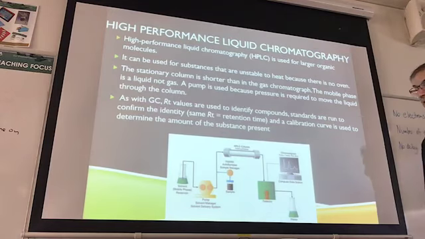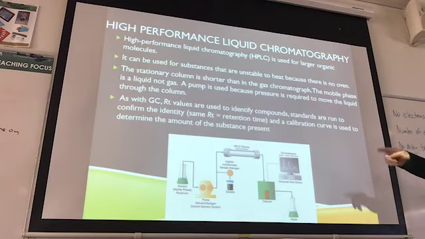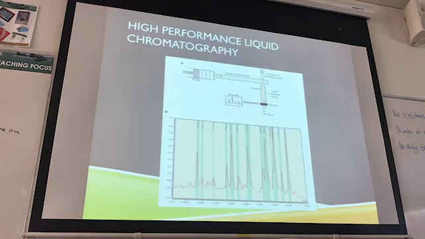And again, we're interested in retention time. We're interested in how long it takes for the compound to come out the other end. And we do the same idea with a calibration curve with a set of standards like we did for gas chromatography. So that's kind of an example of what a curve might look like.